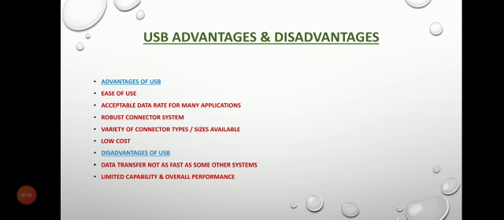There are some USB advantages and some disadvantages. Advantages of USB are ease of use, acceptable data rate for many applications, a robust connector system, a variety of connector types and sizes available, and low cost.